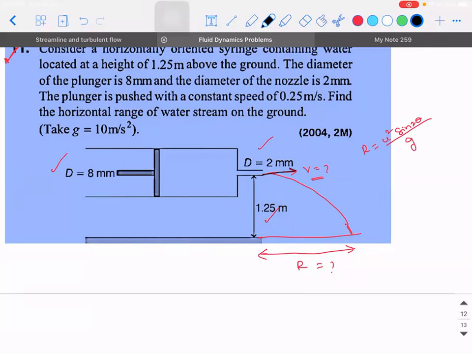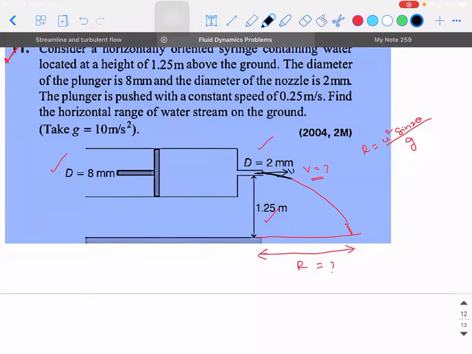tell me, what will be the angle of projection in this case? The liquid is coming out horizontally. Then what is going to be the angle made by the velocity component at the end of the nozzle with respect to its initial projection? Is there any doubt?